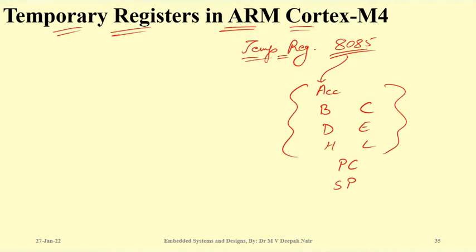It would have been better if there were more so that I can write more complex programs. Otherwise, you have to vacate the temporary registers. For that, you have to dump the data to memory, and then again change the value of the temporary register. So temporary registers are very important. The more the number of temporary registers, the more complex algorithms you can handle.